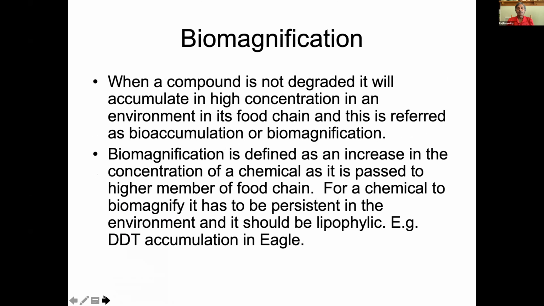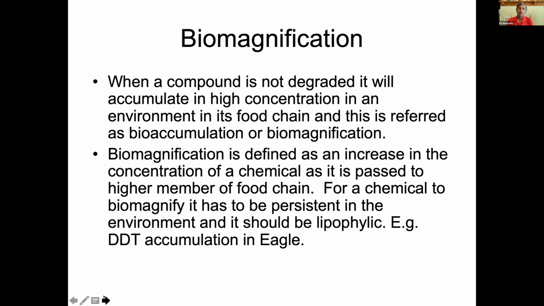The problem with some of these compounds persisting is that they could potentially biomagnify in a food chain. Biomagnification is when these compounds are not degraded in the environment, and in the whole ecosystem the compound can be absorbed in the food chain and food web.